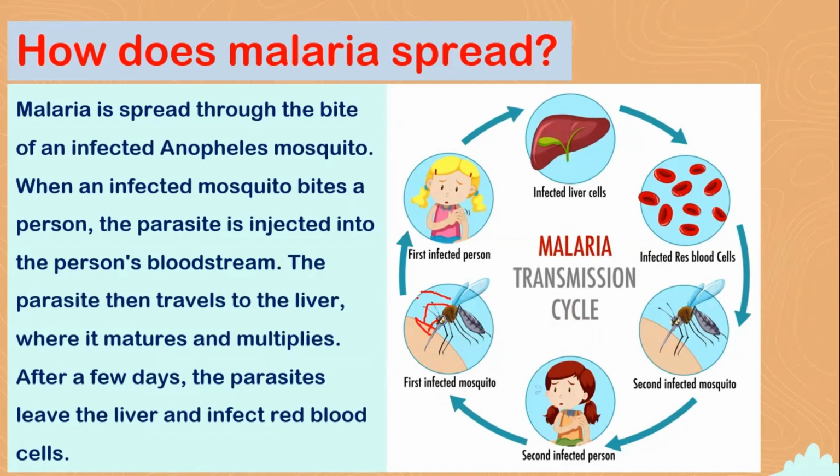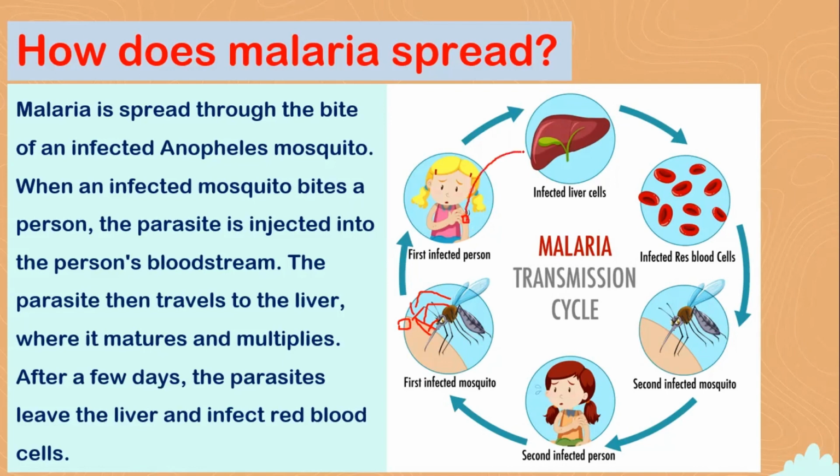Sorry for the drawing. This mosquito bites a person. The mosquito injects the malaria parasites into the person's bloodstream. So the malaria parasite is here in this child's bloodstream.